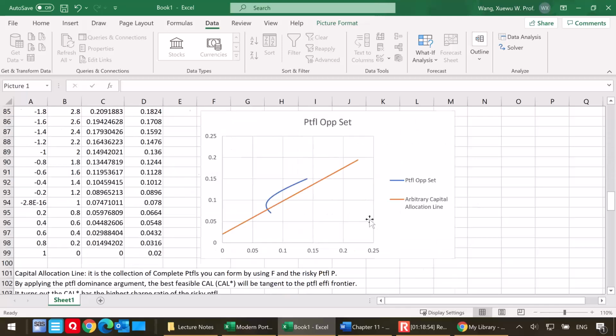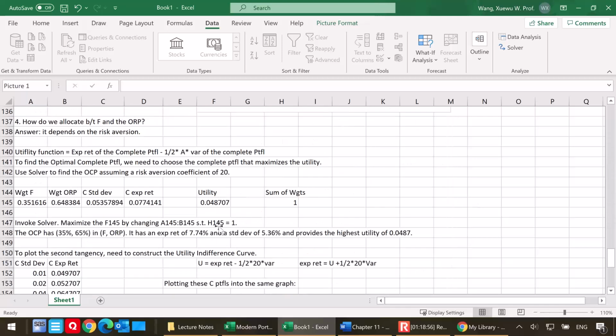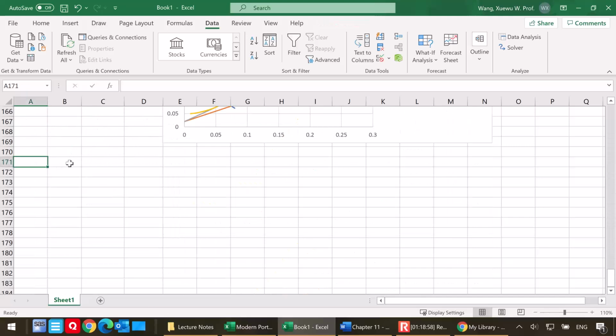We have two tangencies. All right, so the final comment I want to make is using this illustration or this example. Consider an investor who has $1 million to invest.